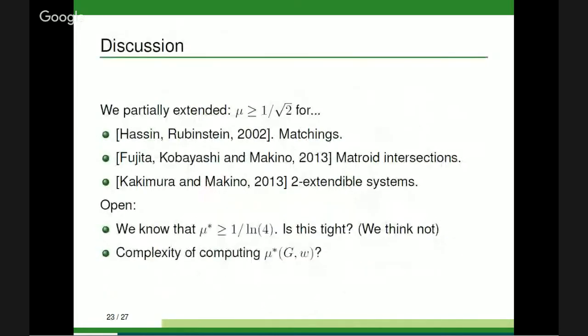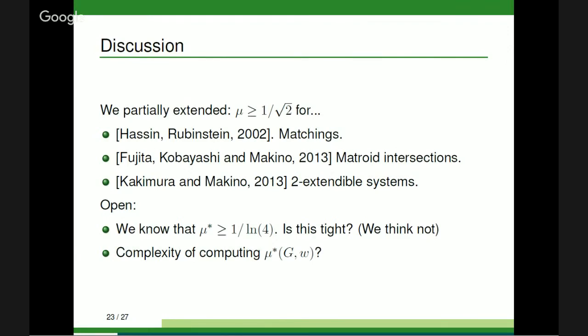But what we want to conclude is with some discussions. So what did we do? We partially extended this notion of robust matchings, for which it was known before that you can always find a robust matching of robustness at least 1 over square root of 2, by Hassin and Rubinstein.